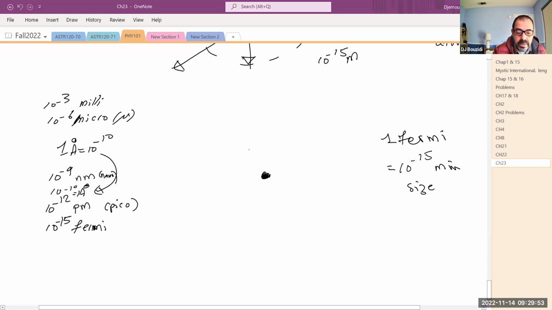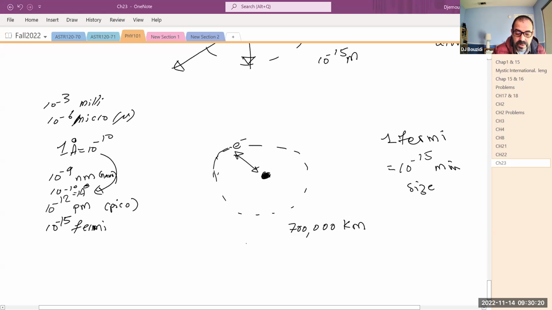The nucleus is here, and now the electrons, they must orbit at this distance, which is 100,000 times bigger than the size of the nucleus itself. To give you an idea, the sun is about 700,000 kilometers.